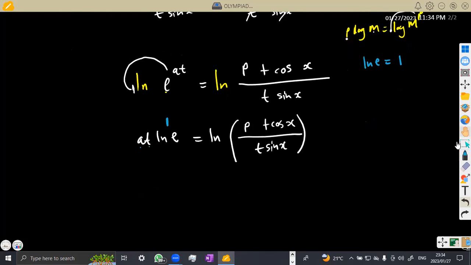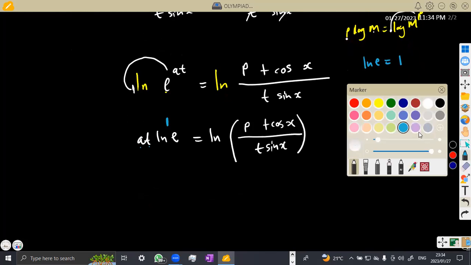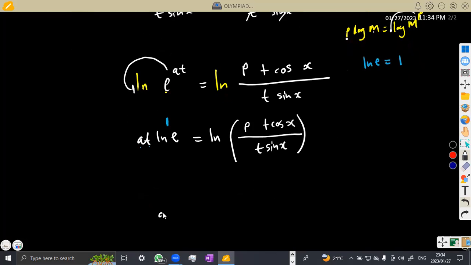Therefore, a is equivalent to the whole bracket, the ln of p plus cosine of x over t, the sine of x, everything over t, the one that you used to divide. That's what you're going to have as a the subject.